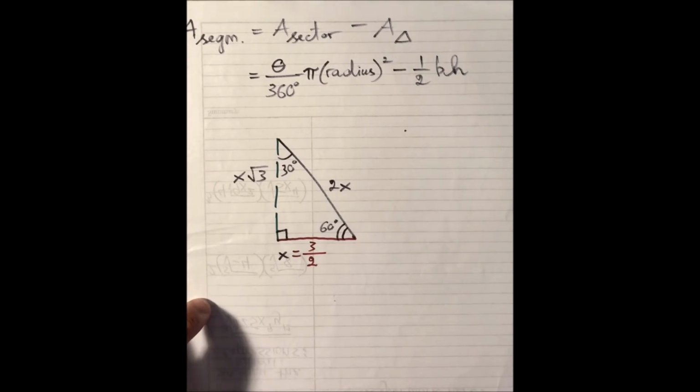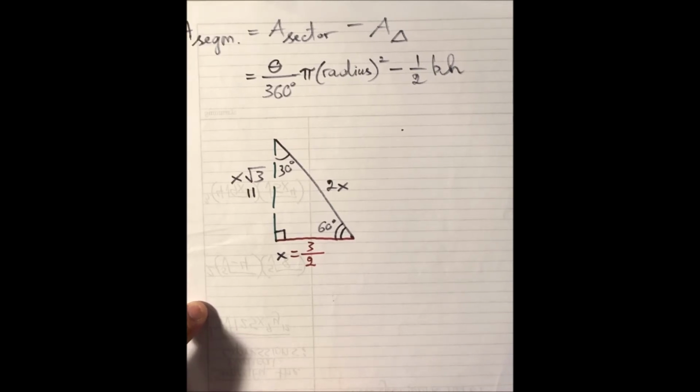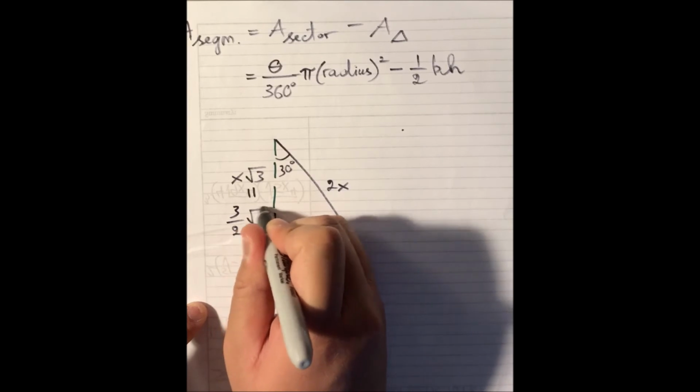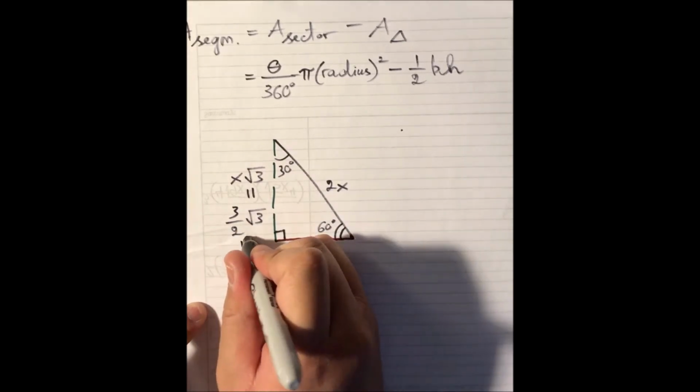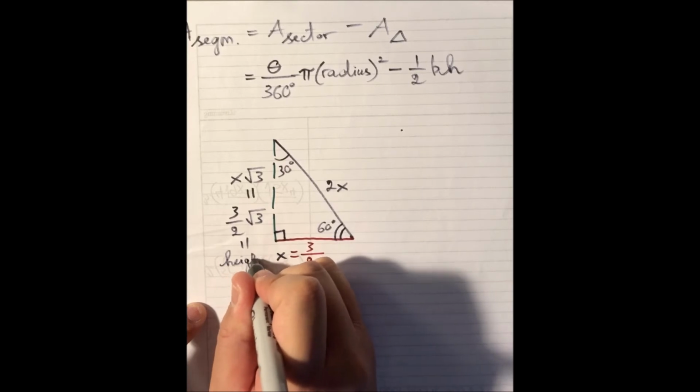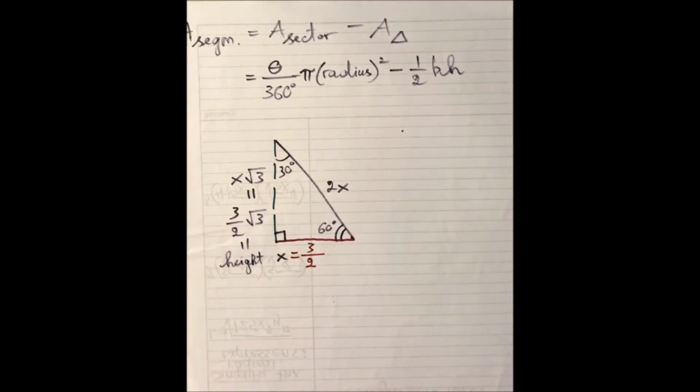Well, if x is 3/2, then we know that the long leg here, aka the apothem, aka the height of the entire bottom triangle, is going to be 3/2 times square root of 3. So this is the height of the triangle.